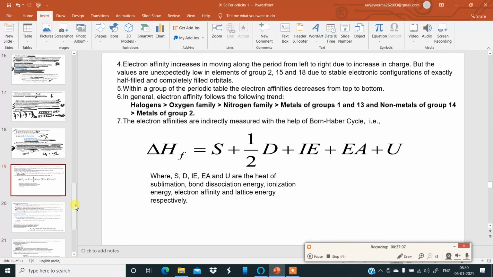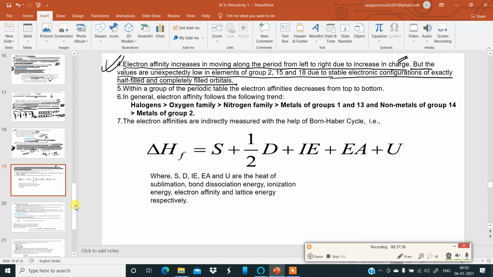Moving to the next slide. Electron affinity increases along the period from left to right due to the increase in effective nuclear charge. But the values are unexpectedly low in elements of groups 2, 15 and 18 due to the stable electronic configuration of exactly half-filled and completely filled orbitals.